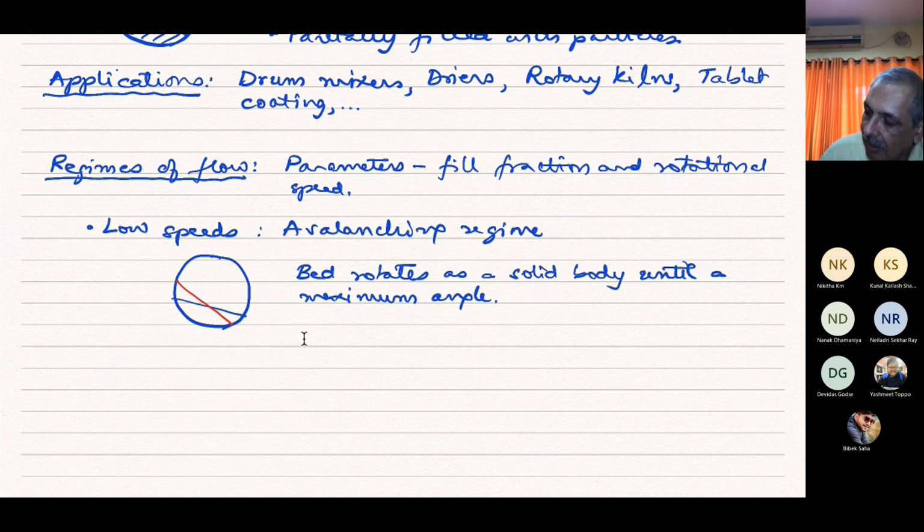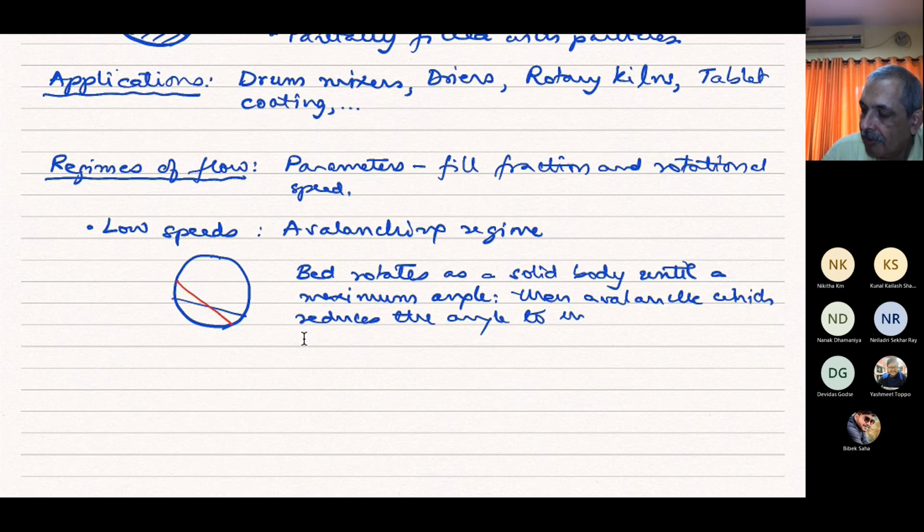Then there is an avalanche, which reduces the angle to the static angle of repose.